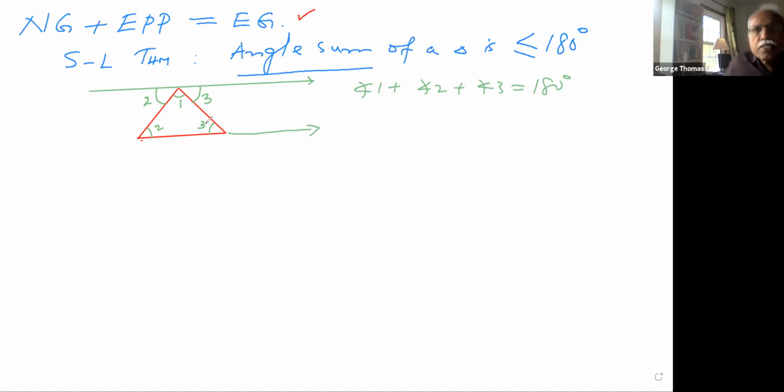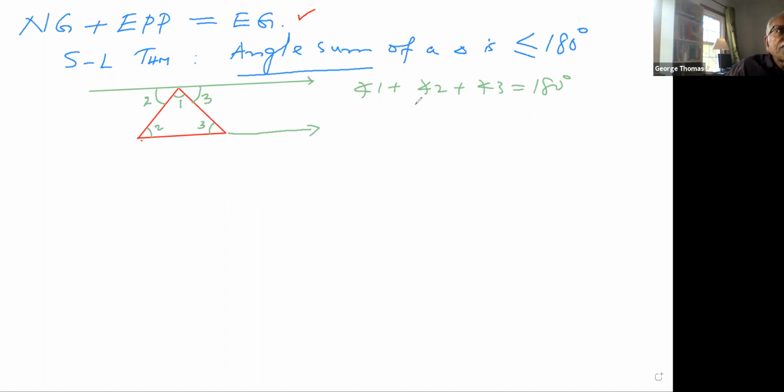That is the reason. You see, in school, when the teacher teaches you or the textbook tells you that the angle sum is 180, what is the reason? Why is it 180?